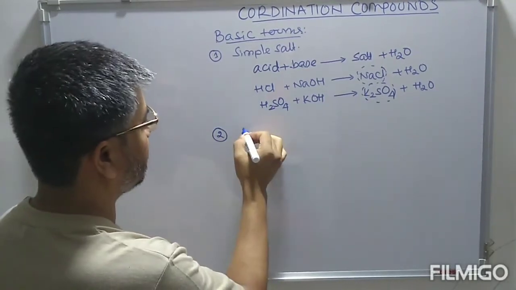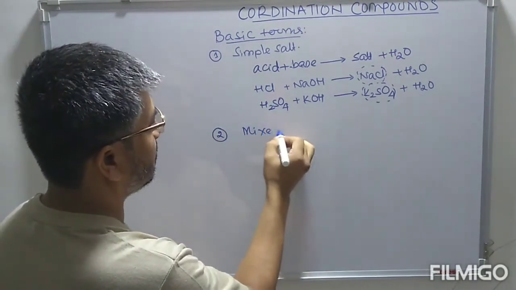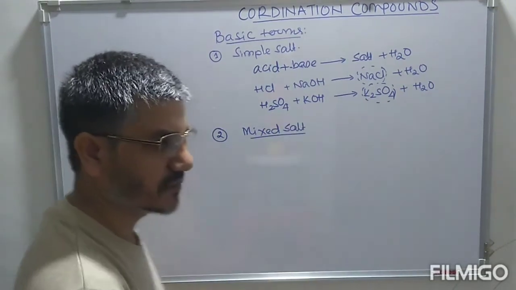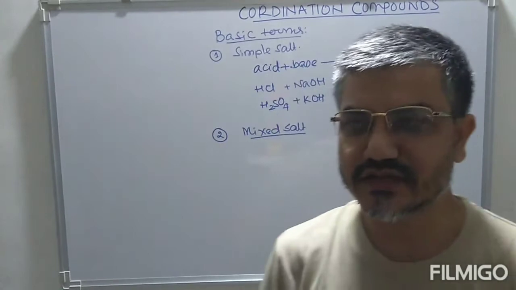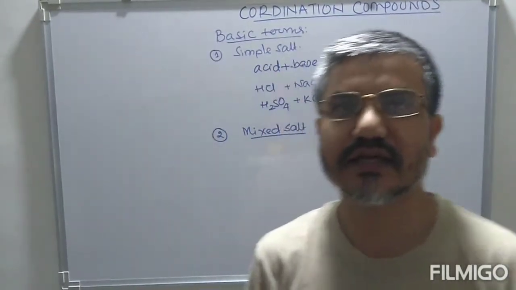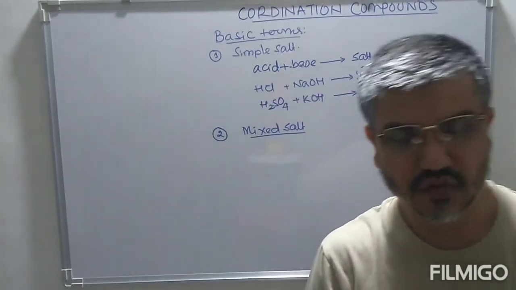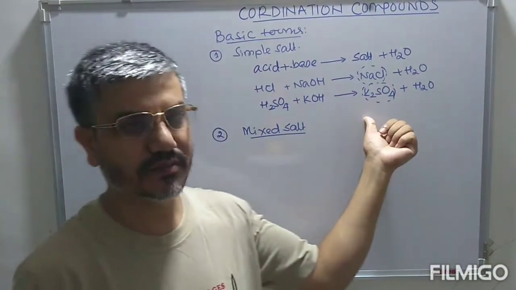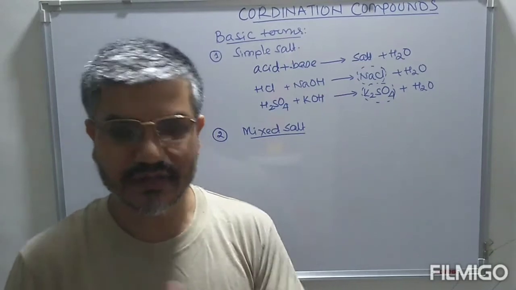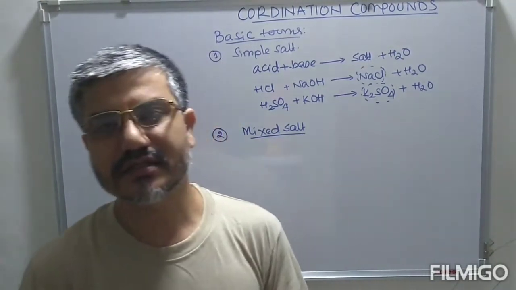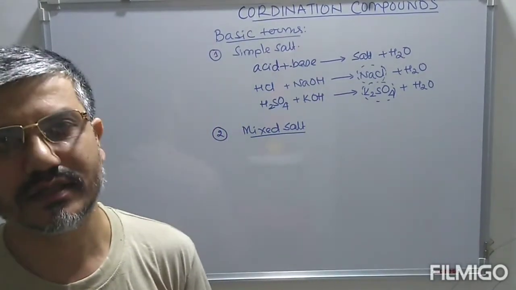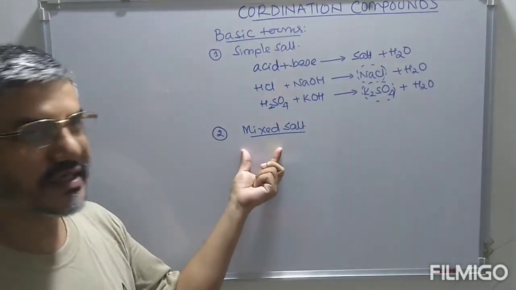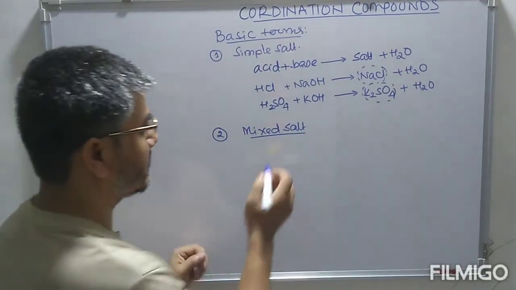Then we have mixed salt. Now, in the case of simple salt, we have a simple cation and a simple anion. But if the salt contains more than one cation, then the term used is mixed salt.